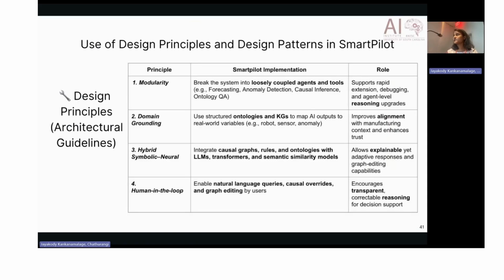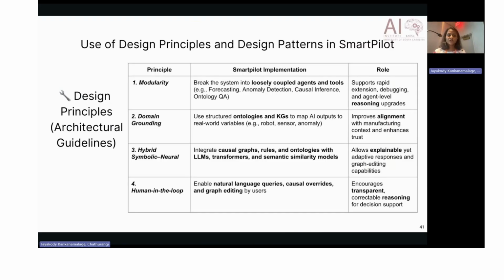And then we use a hybrid symbolic and neural approach. This means that we use deep learning techniques that we explained in the Predictex and the Foresight agents, and we integrate these agents with causal graphs, rules, and ontologies, along with LLMs, transformers, and similarity models, things like that. And this allows more explainable and adaptive responses towards the user.